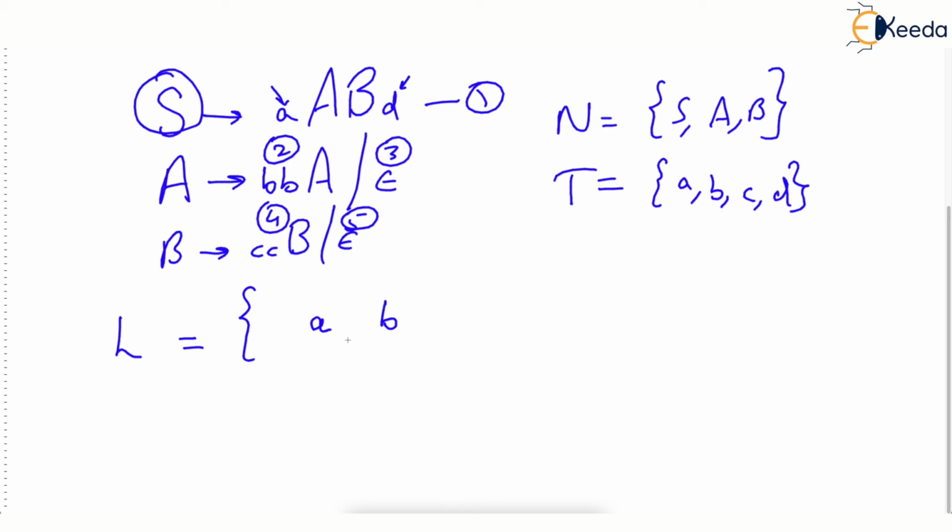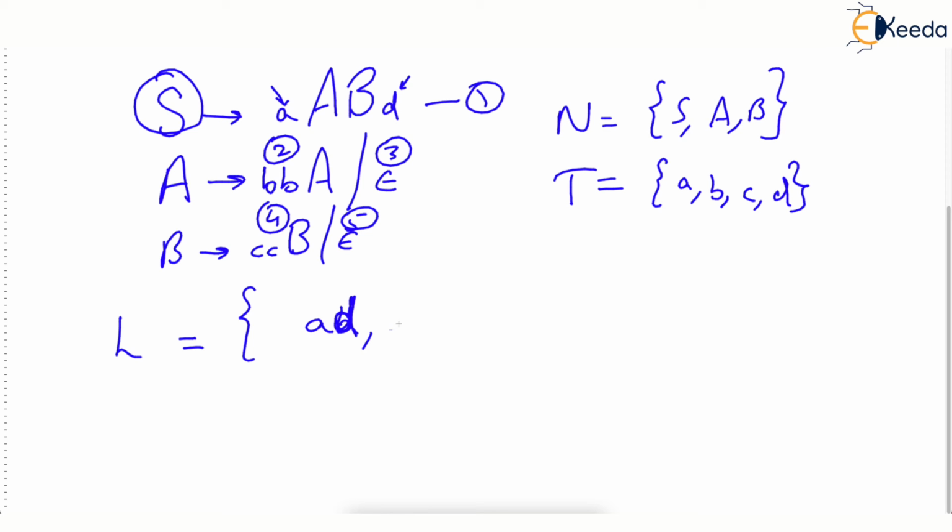Or you can have 2 C's, 4 C's, 6, 8, 10. And you can also have zero B's and zero C's. That means the smallest string that can be generated by this grammar is AD, because the first letter is A and the last letter is D.